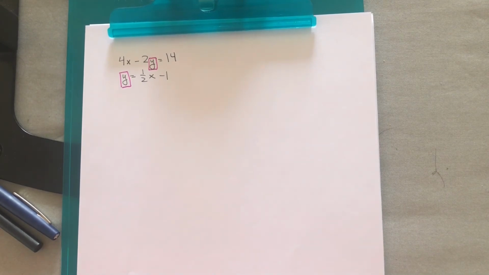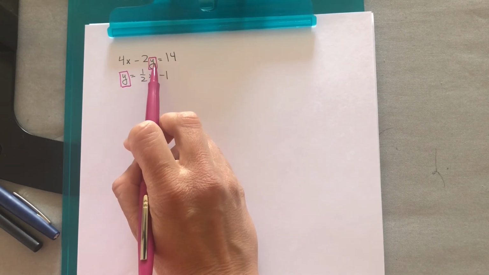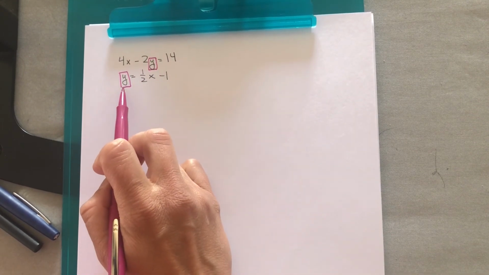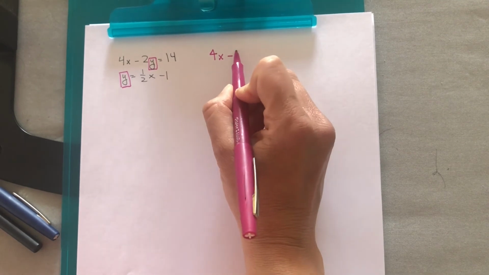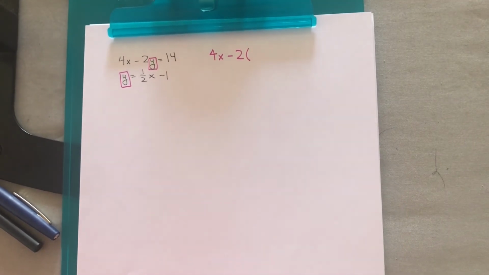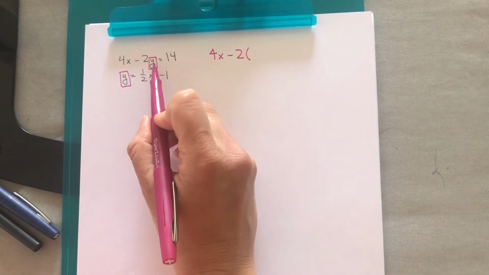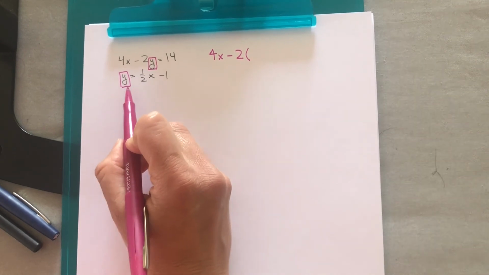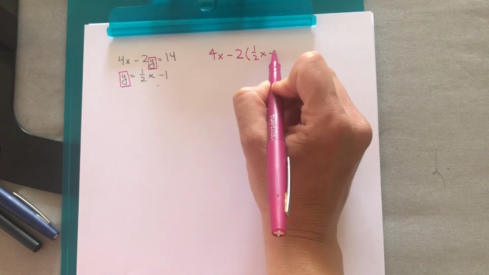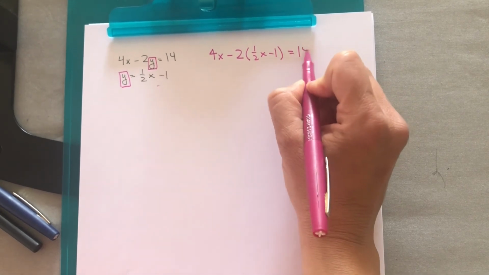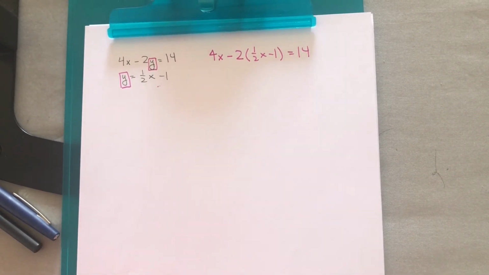So remember that we are looking at the point where the x and y values are the same, which means that at that point, this value of y is the same as that value of y. So if I replace y with something it's equivalent to, because this y is equal to that y, and that y is equal to 1/2 x minus 1, now I have an equation in one variable.